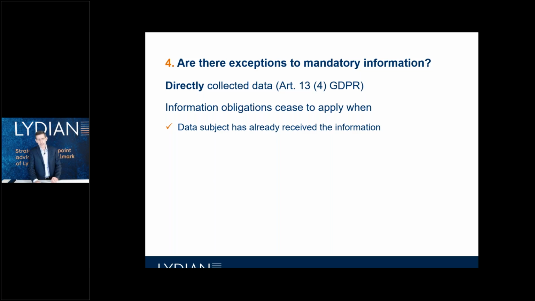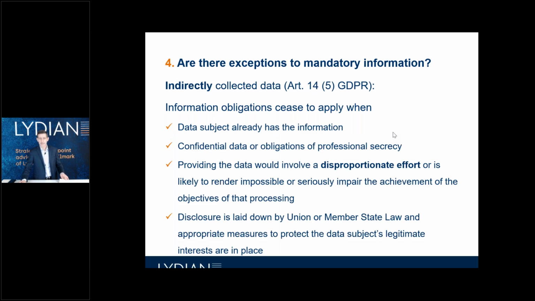If we look at Article 14 of the GDPR, Article 14 is a situation where data are being collected indirectly, so not from the data subject, but from or through a third party. In that case, there are four exceptions. Again, the first exception is when the data subject has already received the information.